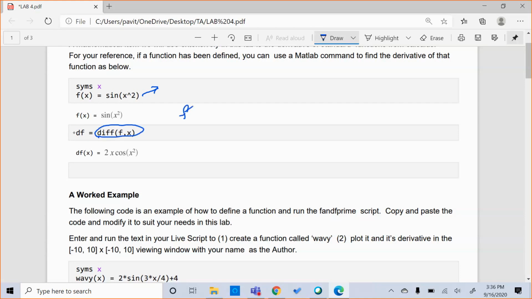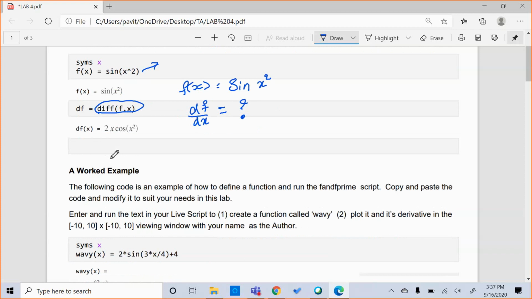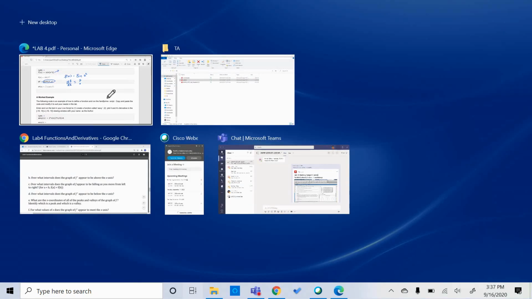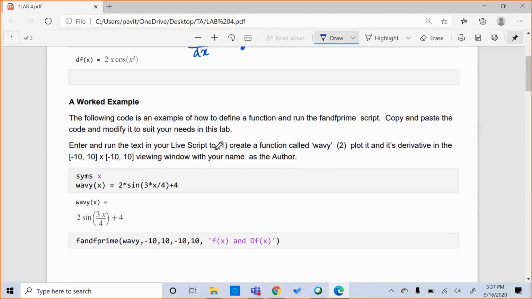So if you have f of x is equal to sin x squared, d by dx of f is equal to what? This is what I have written here. Okay, so the answer is 2x cos x squared. I'm sure this is taught in your lectures also.